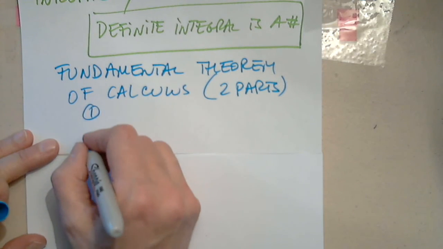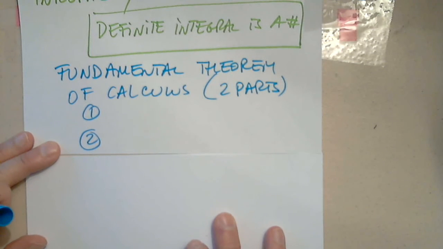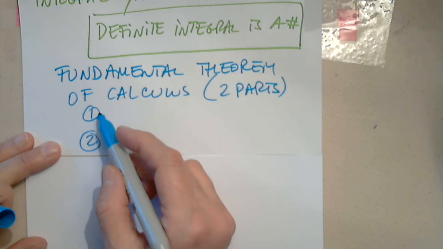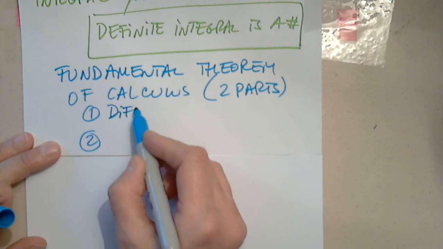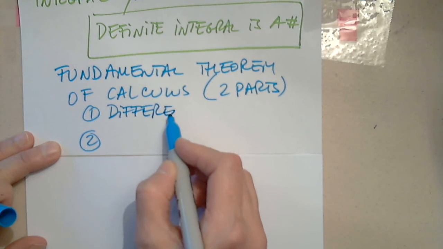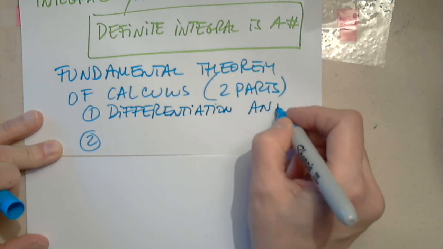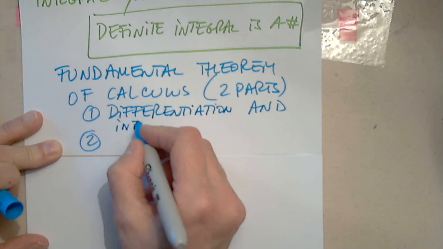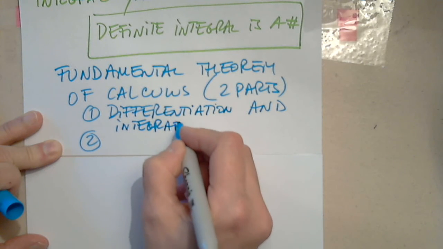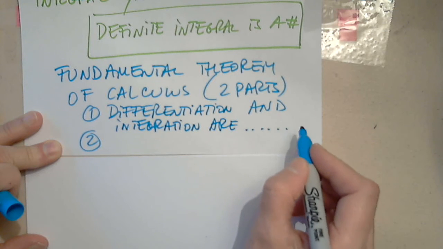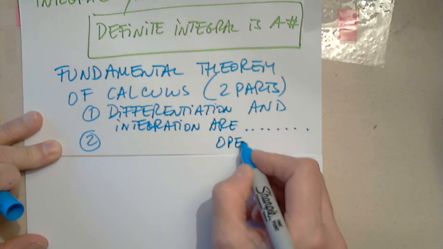Let me write both things, and I'll tell you which one we're talking about right now. One, super important, is that differentiation and integration are ___ operations.